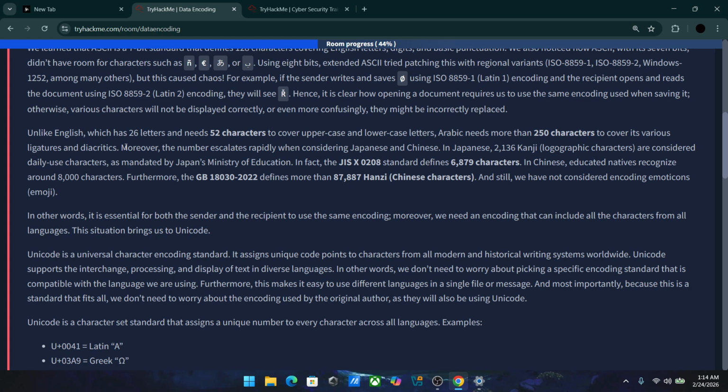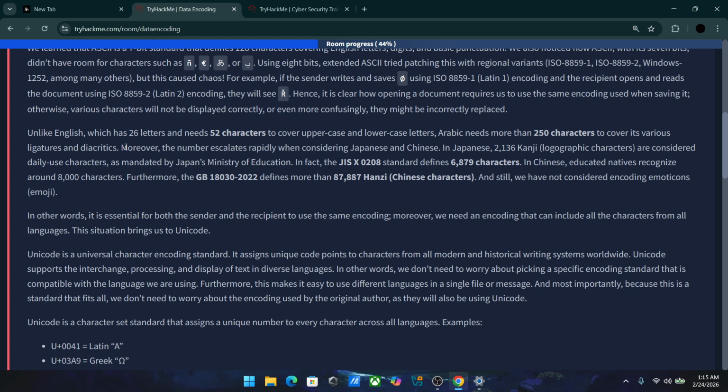Moreover, the number escalates rapidly when considering Japanese and Chinese. In Japanese, 2136 kanji logographic characters are considered daily use characters as mandated by Japan's Ministry of Education.